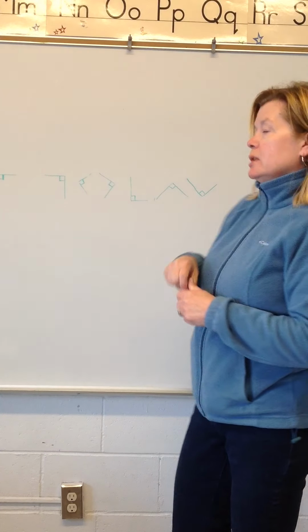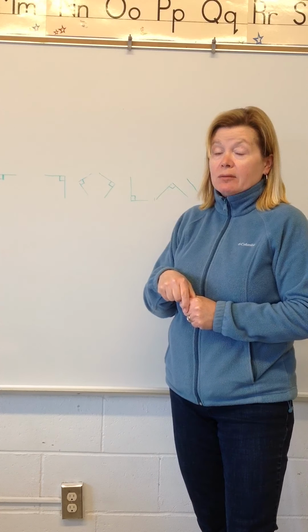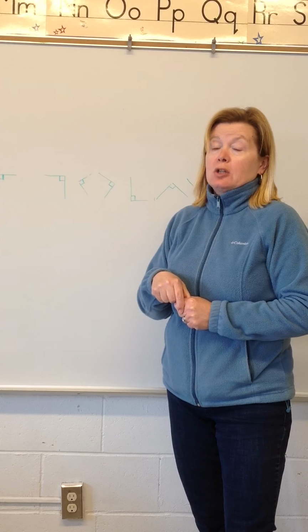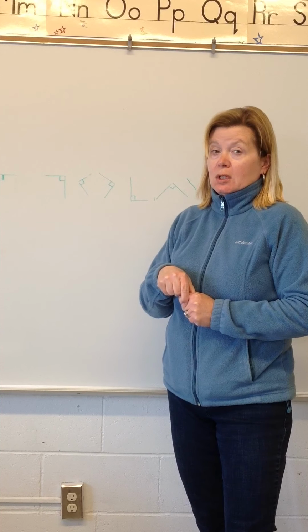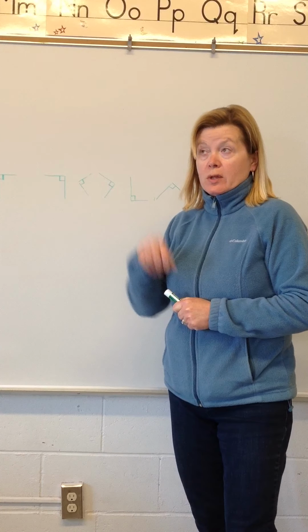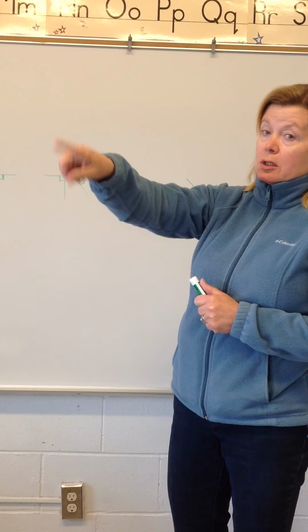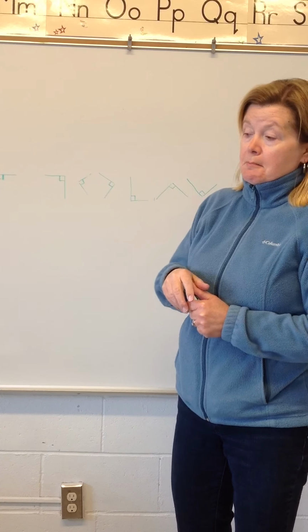So see if you can find some examples at home of things that have right angles. I'm going to look around the classroom and tell you what I see. I know that the window has right angles in all 4 corners.